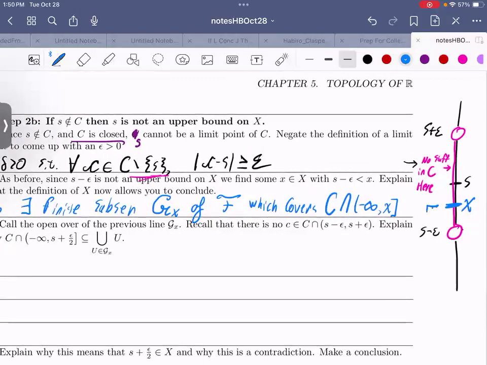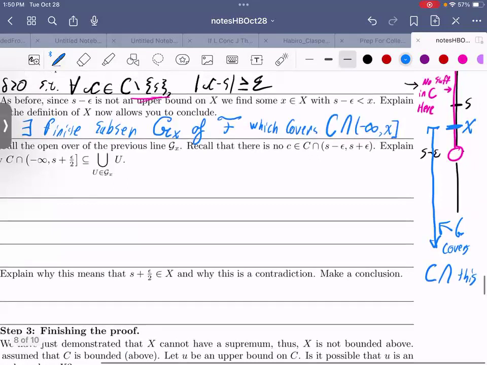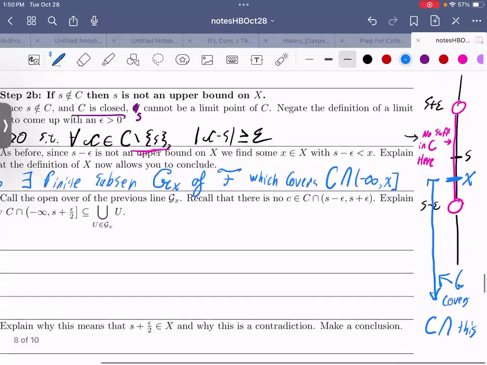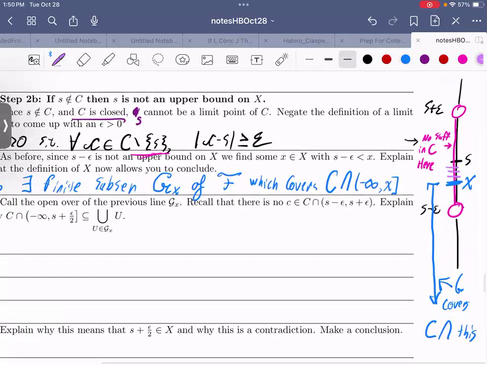So G covers stuff in C that's at most x. Wait a minute, but if I move this x up some, to like there, well, there's not allowed to be anything in C in that range, right?